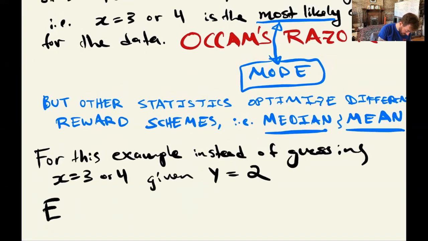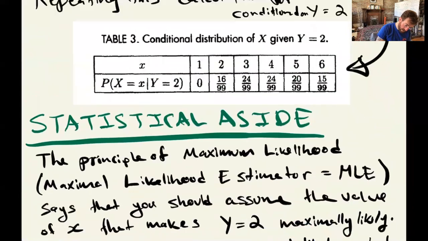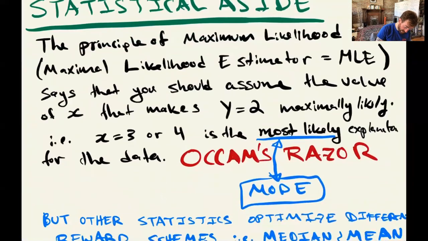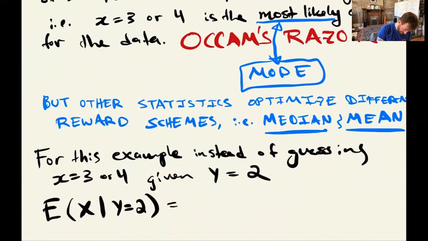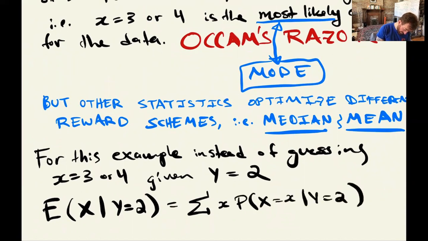You could look at the expected value of x conditioned on y equals 2. And this would just amount to averaging these values out across 1 out of 6. So this would just end up being the sum of x times the probability that x equals little x given that y equals 2. So this could be another choice.